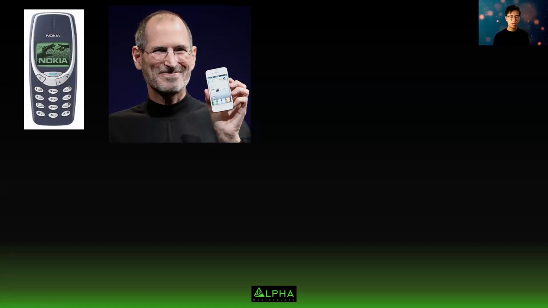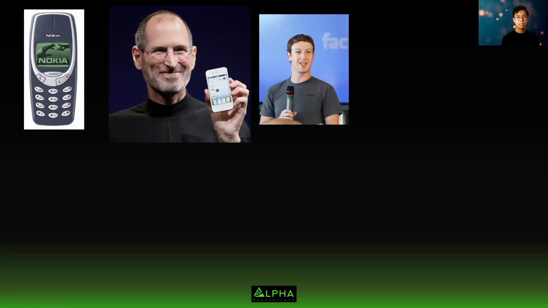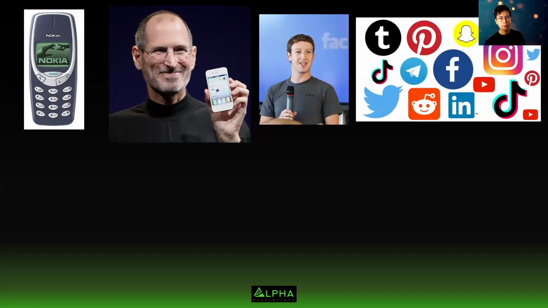But there will just be very, very few people like this guy, Mark Zuckerberg. He realized that this is actually a trend in the future, which is about social media. As long as he identified social media as a trend, he quickly embraced it, made changes, and now he's one of the richest guys doing all these things. Facebook, Instagram, I believe that you guys have been seeing all these social media tools.